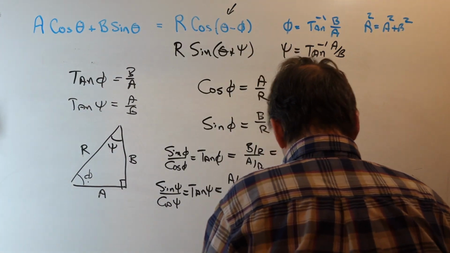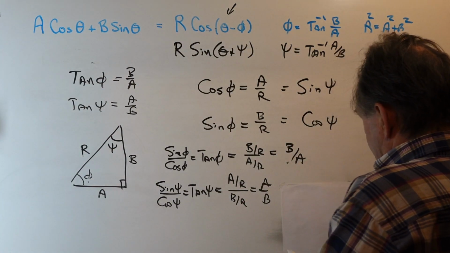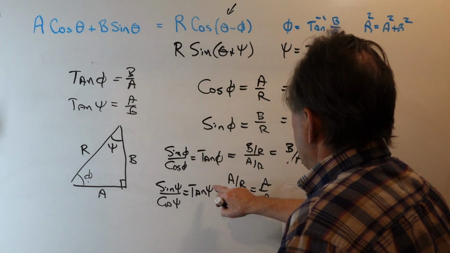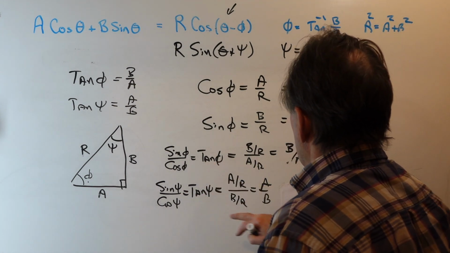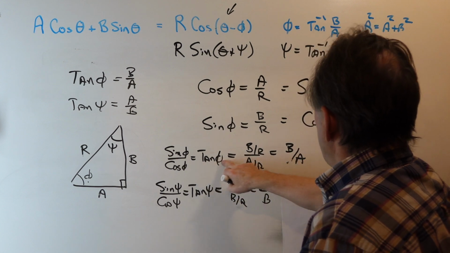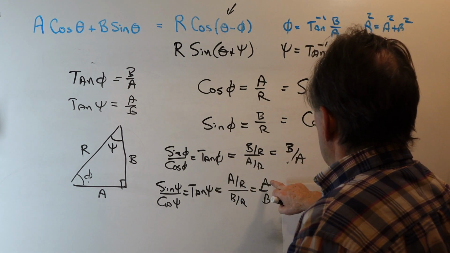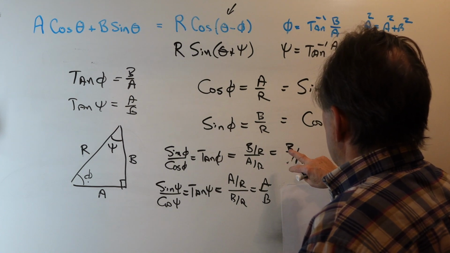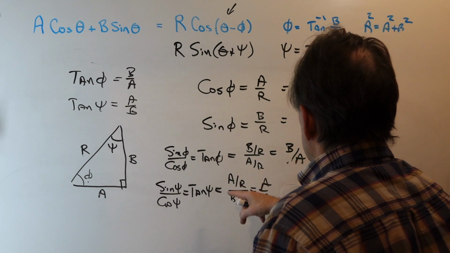Now, we know that these are cofunctions. That is, if the tangent of phi is B over A, then A over B is the cotangent.